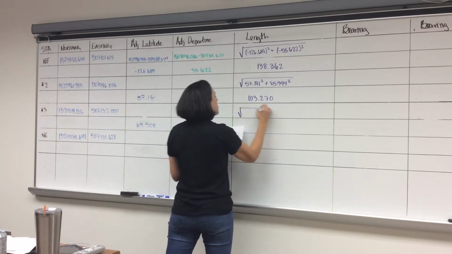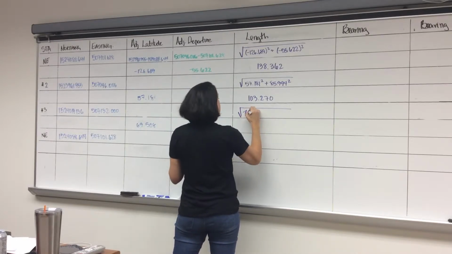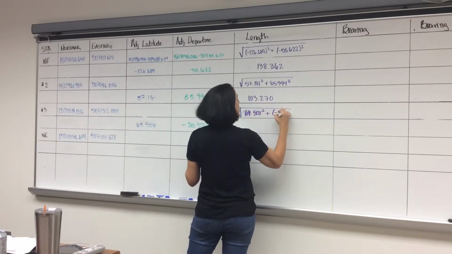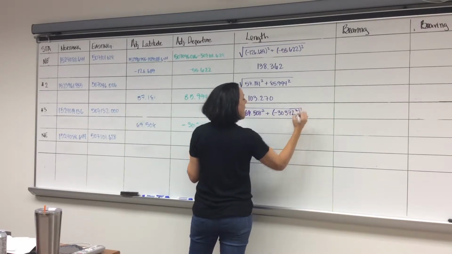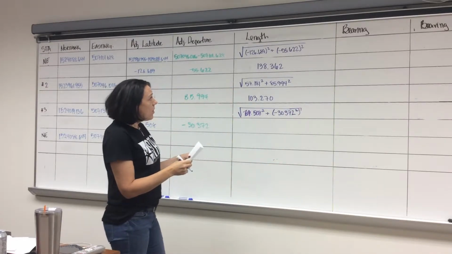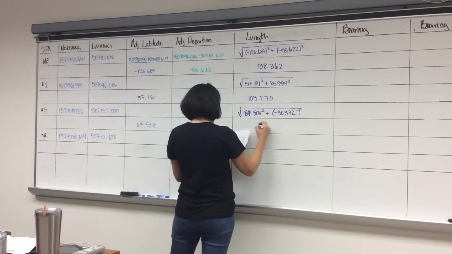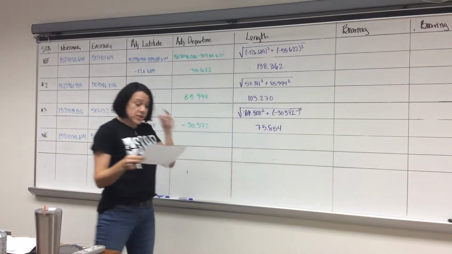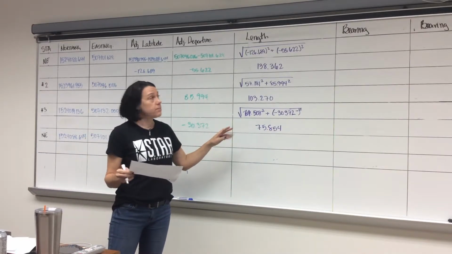The next one is going to be the square root of, I'll write this in order, 69.508 squared plus a negative 30.372 squared, notice I'm putting it in the parentheses. Now, that gives me 75.854, and it was originally 75.855. So these aren't much off, okay?